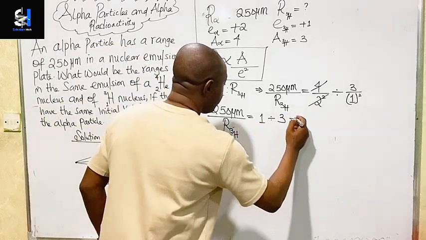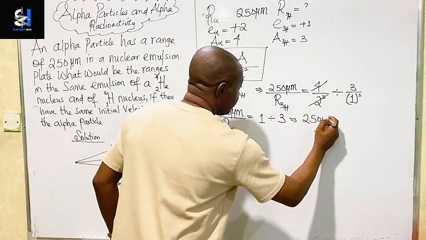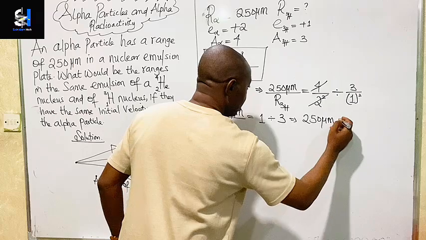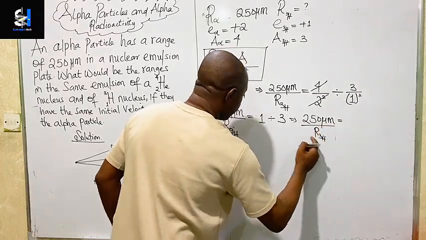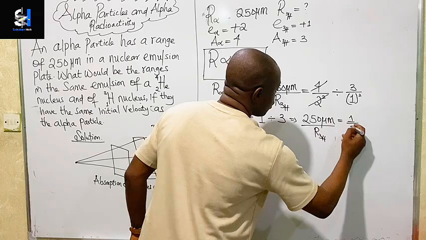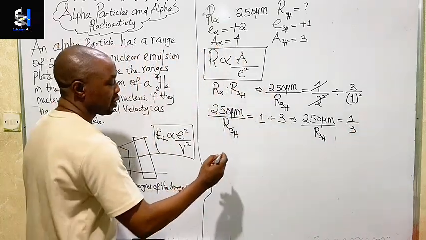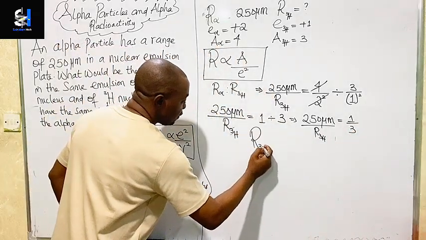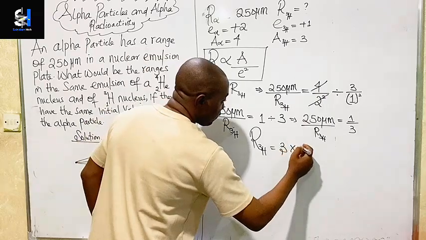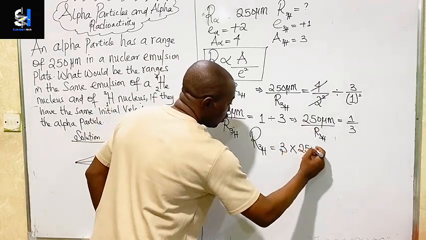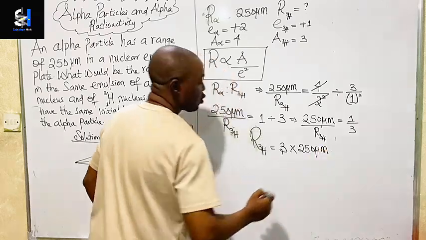So we have 250 micrometer over the range for the tritium nucleus equals 1 over 3. When we cross multiply, the range for the tritium nucleus is 3 times that of the alpha particle, which is 250 micrometer.